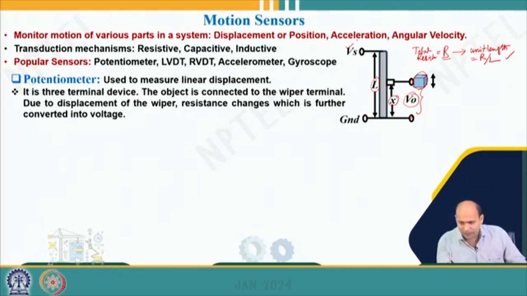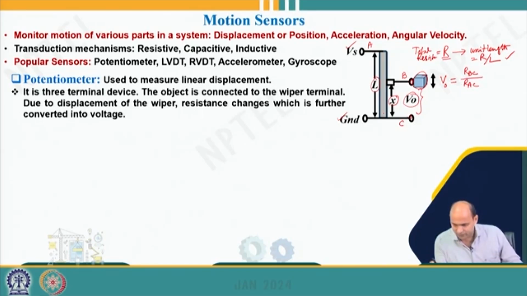So if I have the supply voltage Vs, this one is the ground, and I measure the voltage V0 across this mid terminal and this terminal, then depending on the applied displacement of the object, my resistance will change across these 2 terminals, and as a result the output voltage will also change, is not it? Suppose I name this A, this B, and this C, then the output voltage V0 I can simply write as RBC, that is the resistance across BC, divided by RAC, is not it?